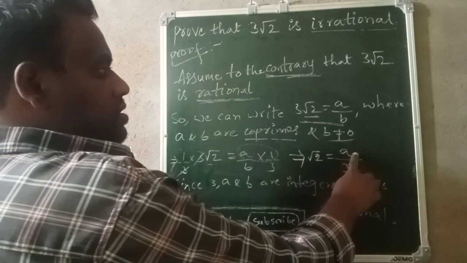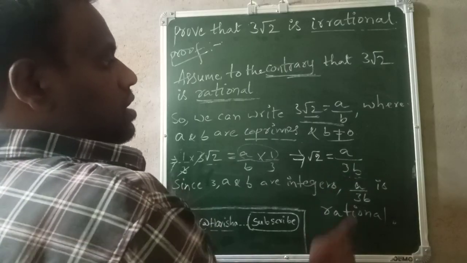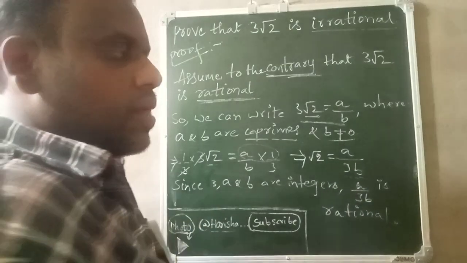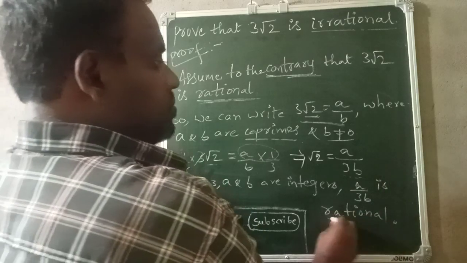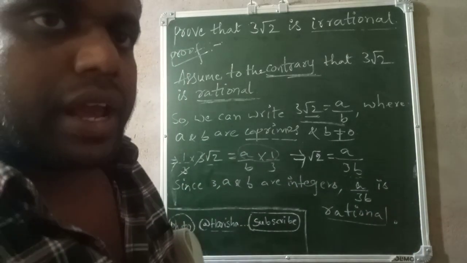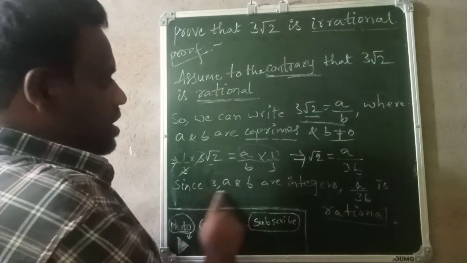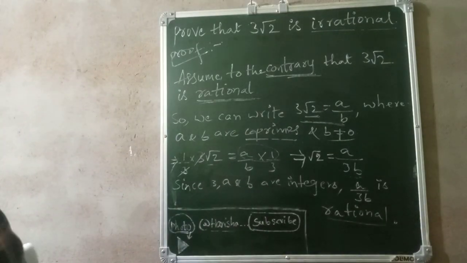Since a is an integer, b is an integer, 3b is also an integer, and 3b is not equal to 0, that means a by 3b is rational. That is what I have written in the sentence. Whatever I explained, the same thing I have written in sentence form.